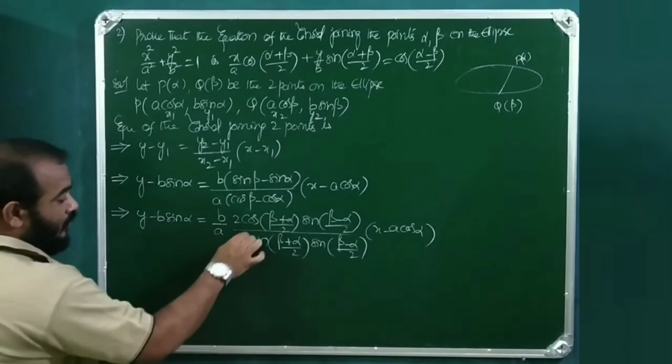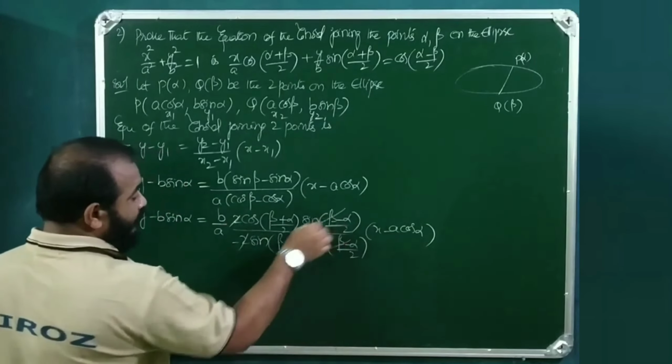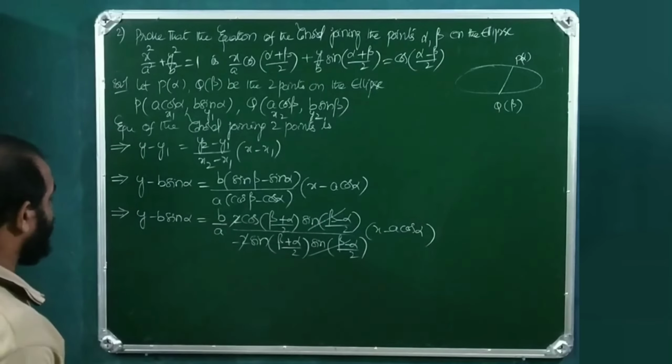So here 2 gets cancelled. Sin (beta minus alpha) by 2 gets cancelled.